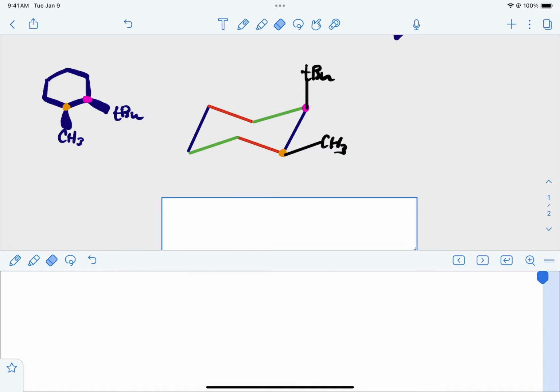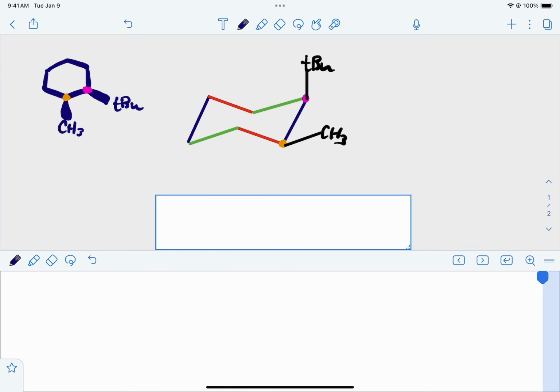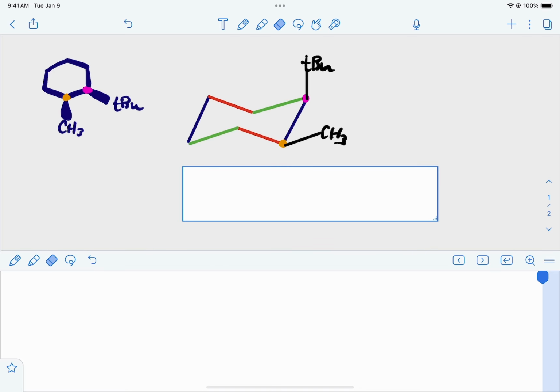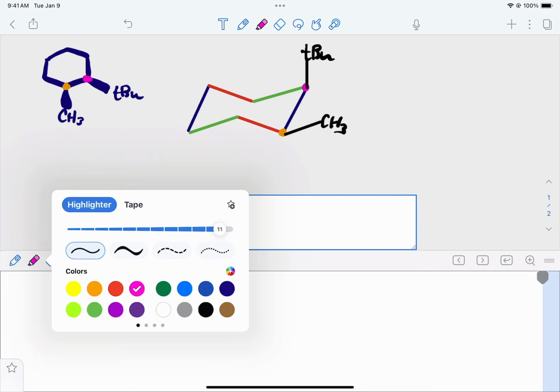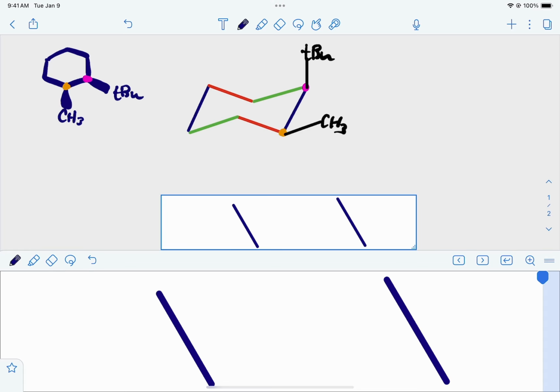Let's draw our second chair. Same process. We're going to start with the first set of lines leaning in the opposite direction. Okay. We'll bisect.